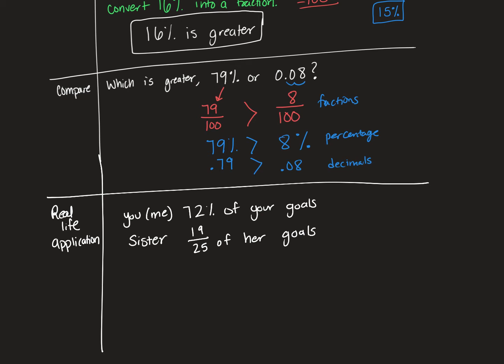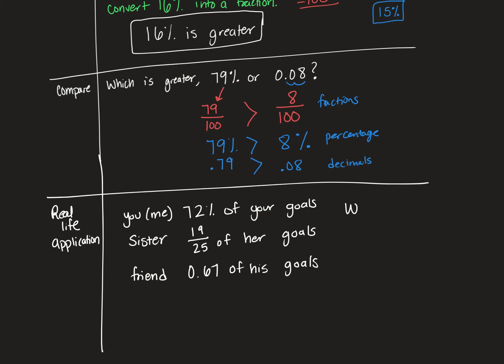And then your friend has 0.67 of his shots or of his goals. All right. Who made the fewest goals?